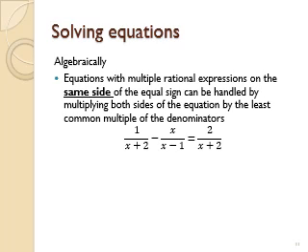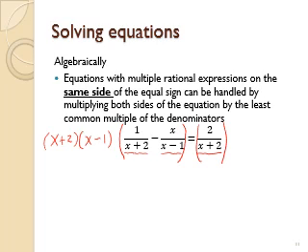When I say least common multiple, what we need you to do is look at all the denominators. You have x plus 2, x minus 1, and then you have another x plus 2. So that means the common multiple is going to be x plus 2 times x minus 1. So that's what we're going to multiply the left-hand and the right-hand side by.